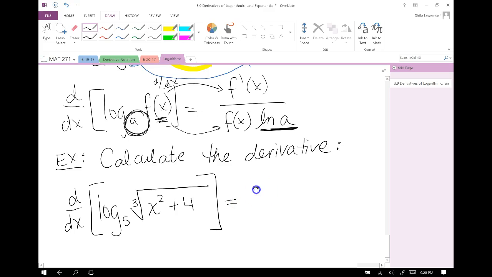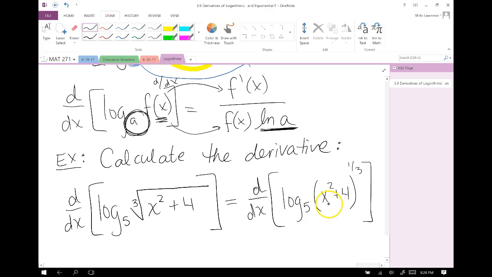So we really can rewrite this as the derivative for log base 5 of x squared plus 4 to the 1/3. Cubed root is the same as a 1/3 power. And when you are raising something to a power inside of a log, that power can come out front of the log. And now it's a coefficient, and when we do derivatives, coefficients just get carried on to the next step.